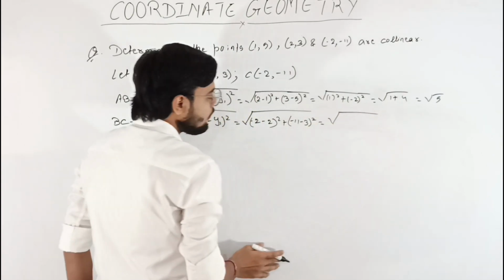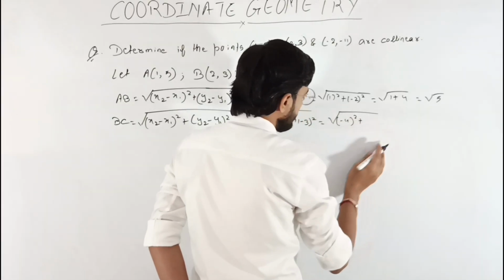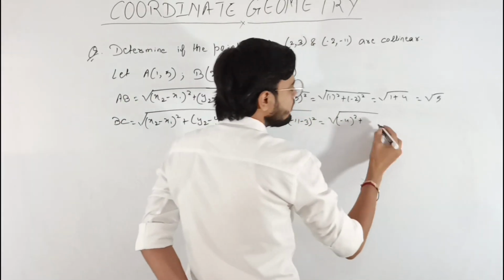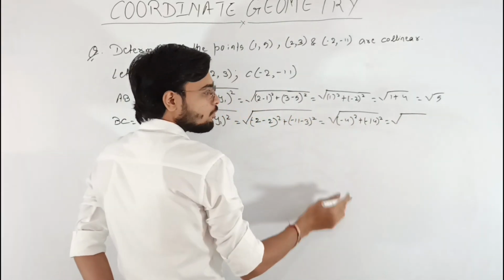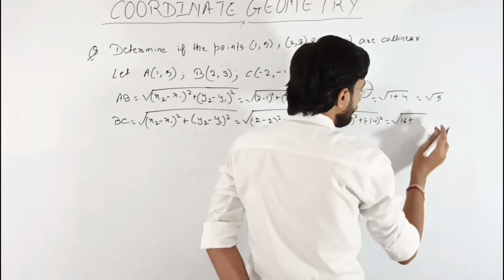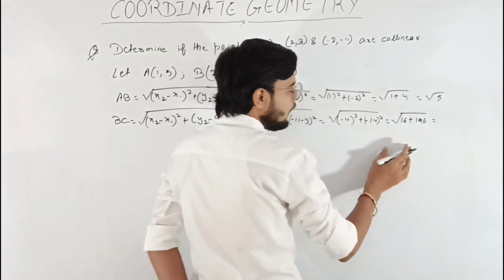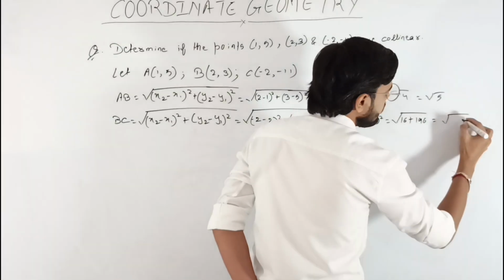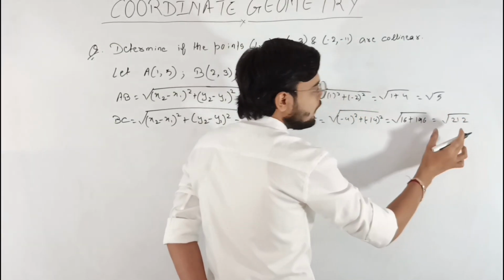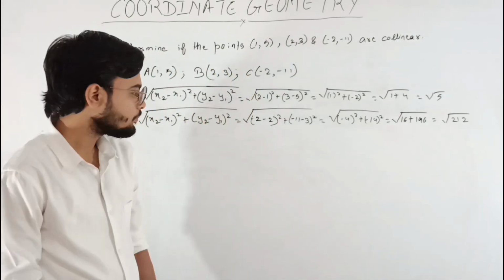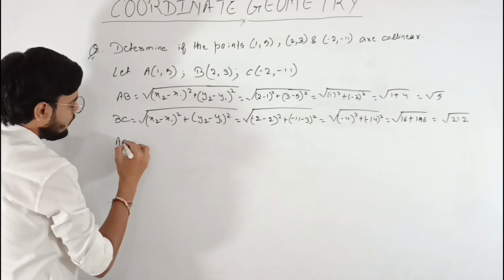This is equal to (minus 4) square plus (minus 14) square, which is the square of minus 4 is 16 plus the square of 14 is 196. Now add this, it is 212. Understood?